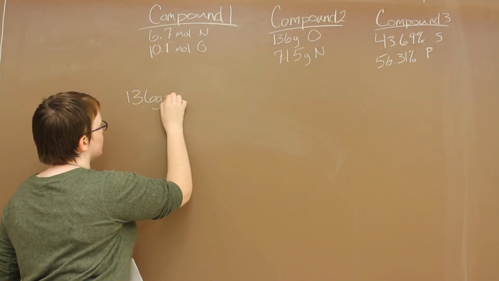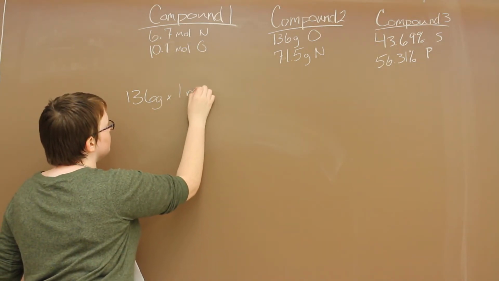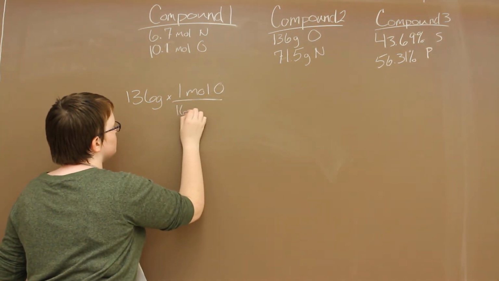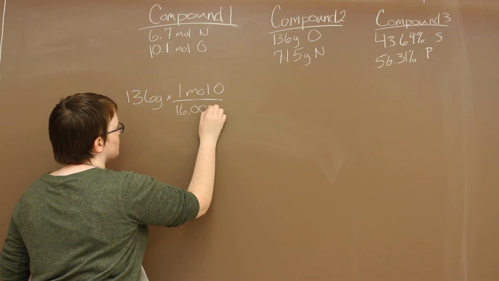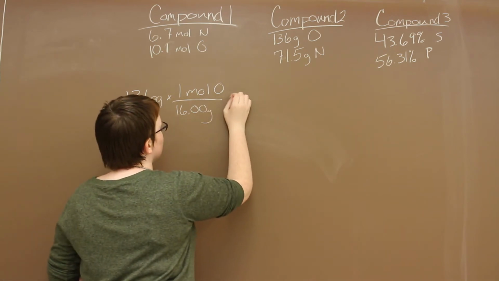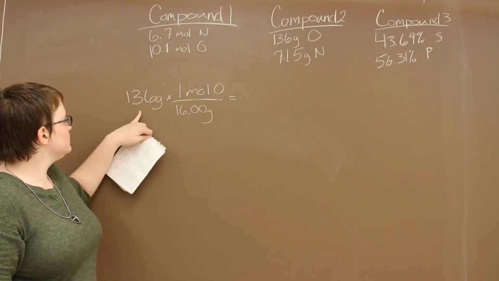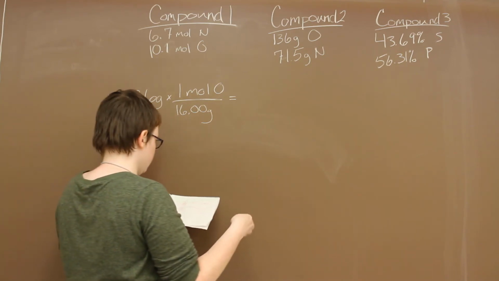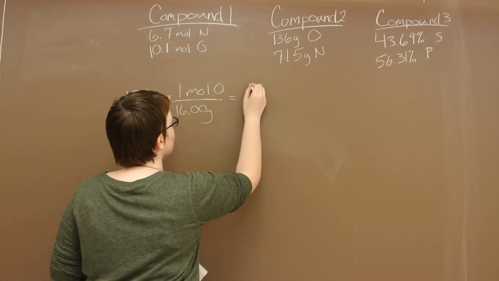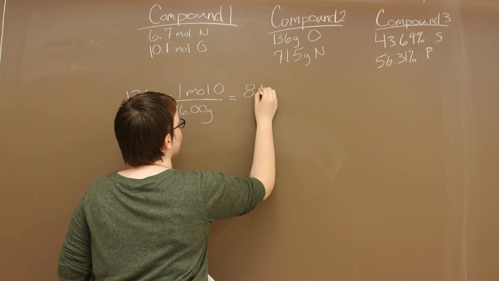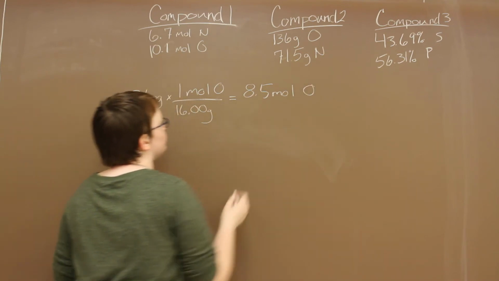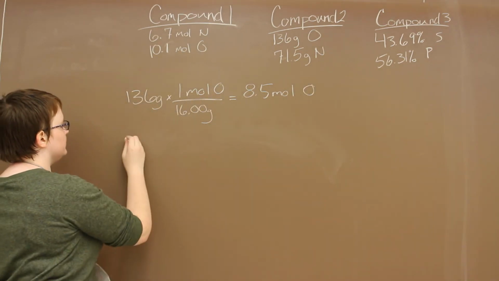The molar mass of oxygen is 16.00 grams. If we divide this number by the molar mass, then we end up with 8.5 moles of oxygen. Now we'll do the same thing with the nitrogen.